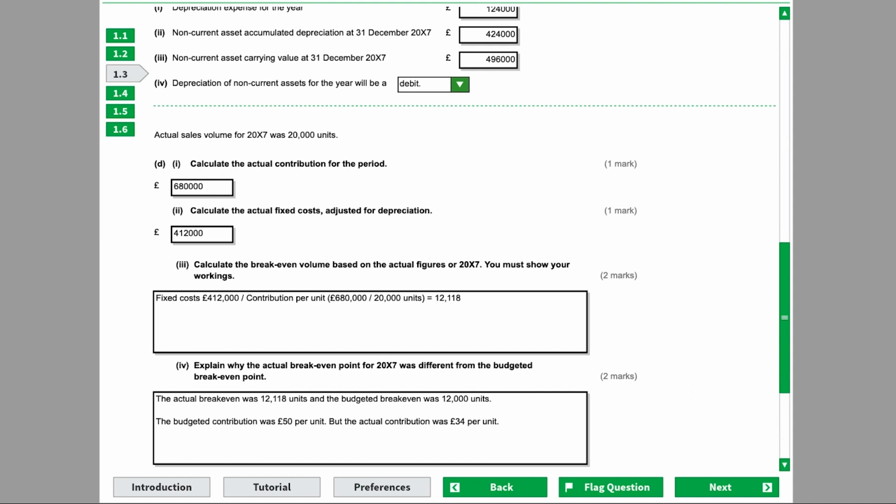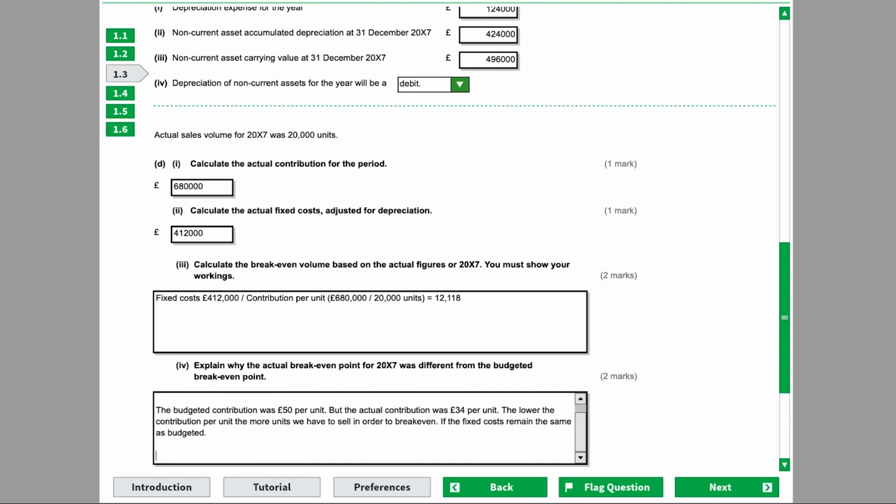Now, if our actual contribution is lower than what was budgeted, the more units we have to sell in order to break even. So I would add that in at the end. The lower contribution per unit, the more units we have to sell in order to break even, if the fixed costs remain the same as budgeted. So that would cover point 1.